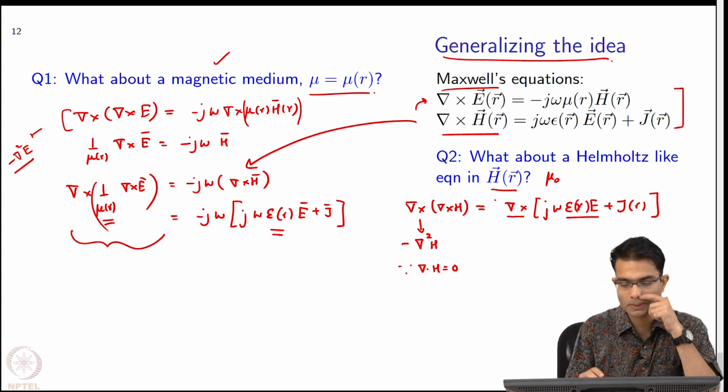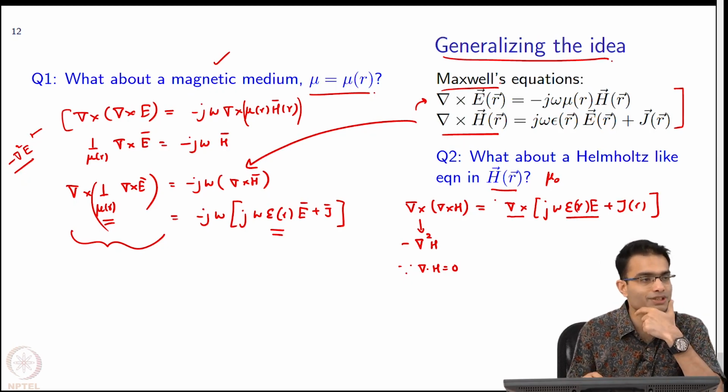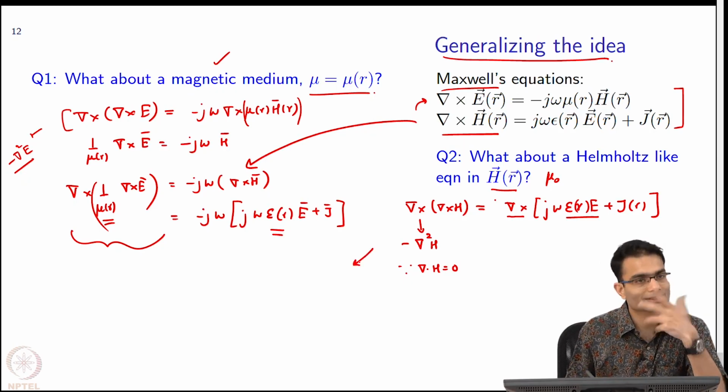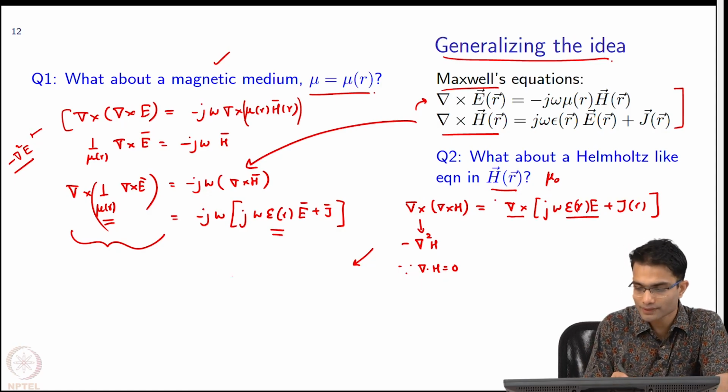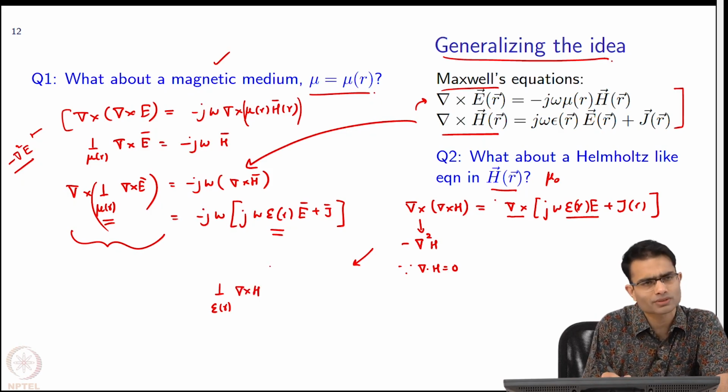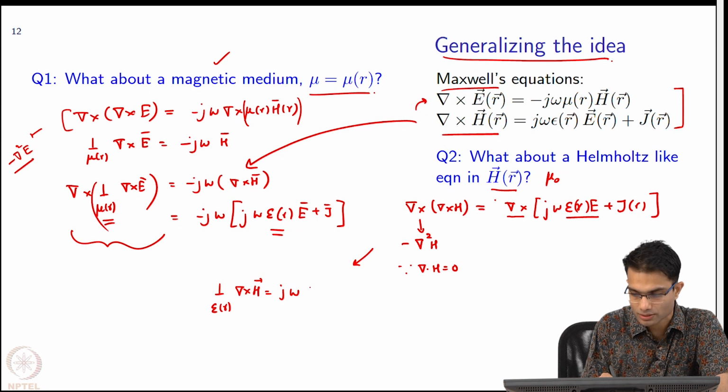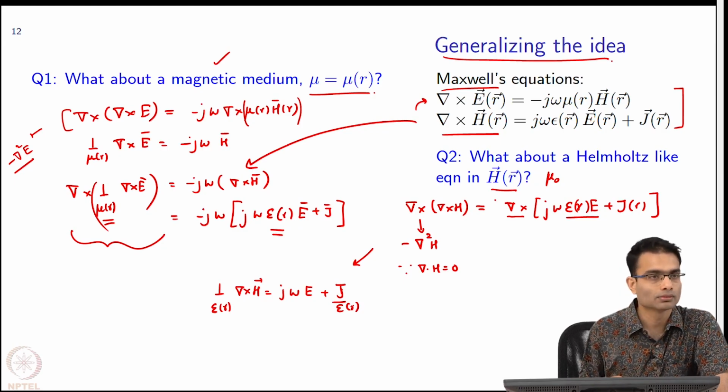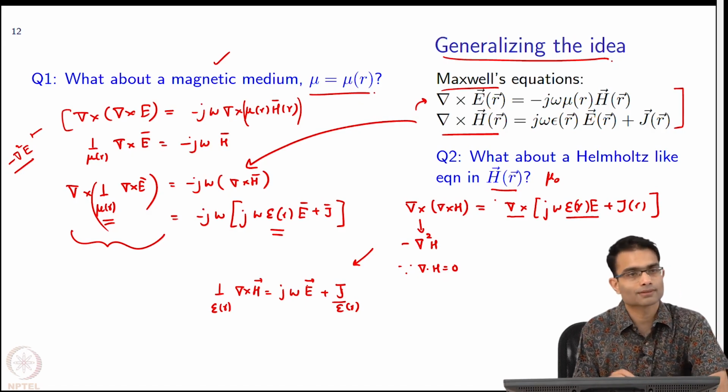So what would you do in this case? If you wanted to get an equation in H, what would you do? Same trick as this. So what I will do is I will get a 1 by epsilon r over here and a del cross H. All I want is some way of simplifying del cross H. Now I can take the curl, I will eliminate E from this equation. So I am paying a price.